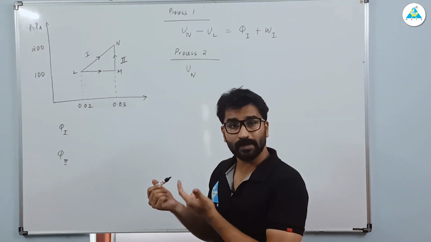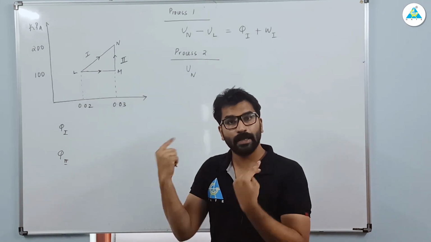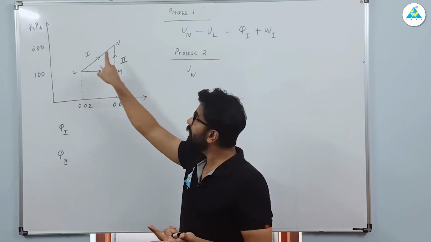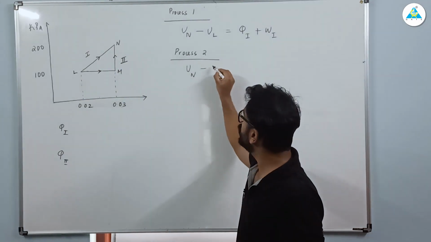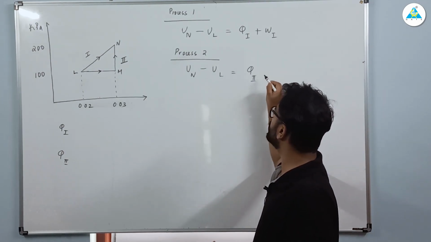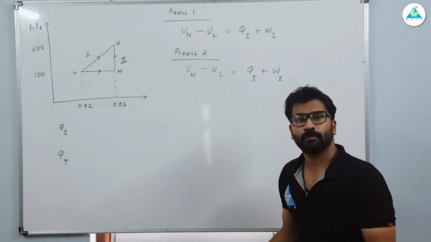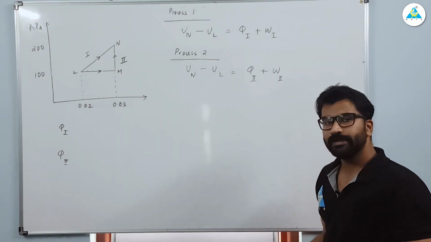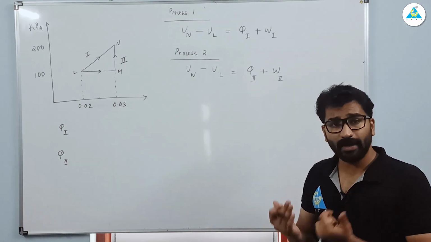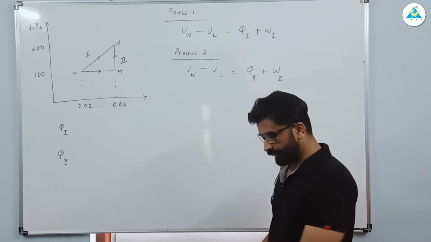The initial state for the process is L. Even though 2 steps are there, the initial state is L and the final state is N. So it will be again UN minus UL, equal to heat transfer in the second process plus work transfer in the second process, Q2 plus W2. If your initial state and final state are the same, then your internal energy change will also be the same. Why? Because internal energy is a state function. Fine till here?